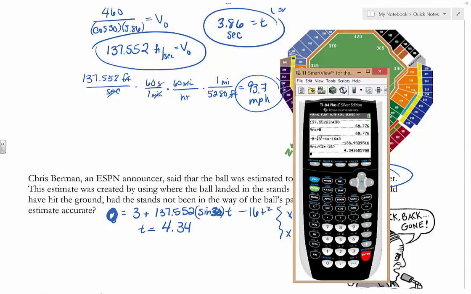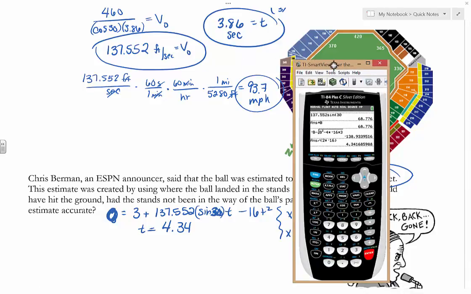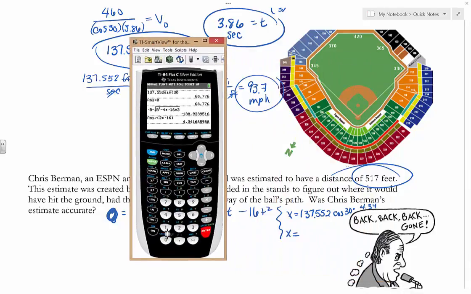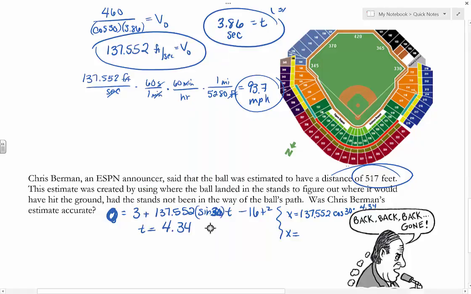And again, back to the calculator. I have 137.552 cosine 30 times the answer, 517. And there you have it. He was right.